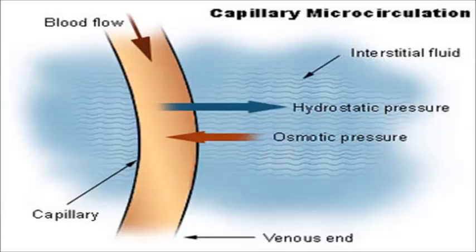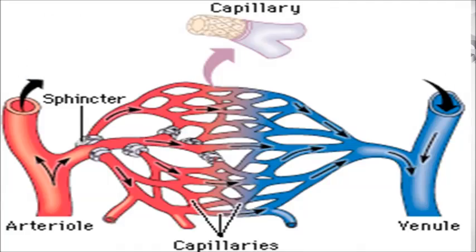At different locations in capillary space, the net forces will influence the directions of fluid movement. Okay, so now let's see how the mechanism works. At the arterial end, blood is under high pressure because it has just come from the heart.